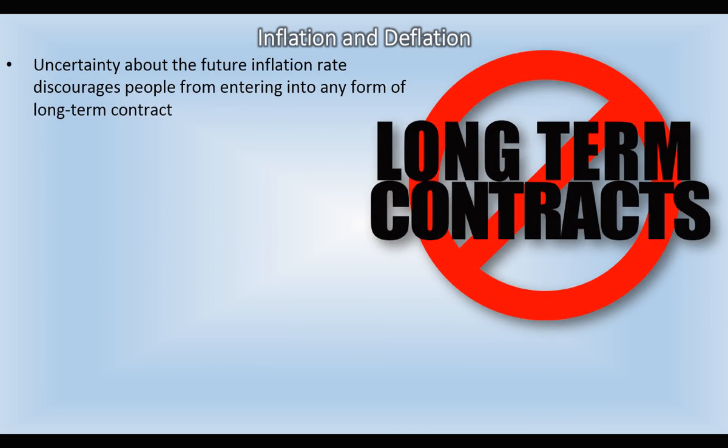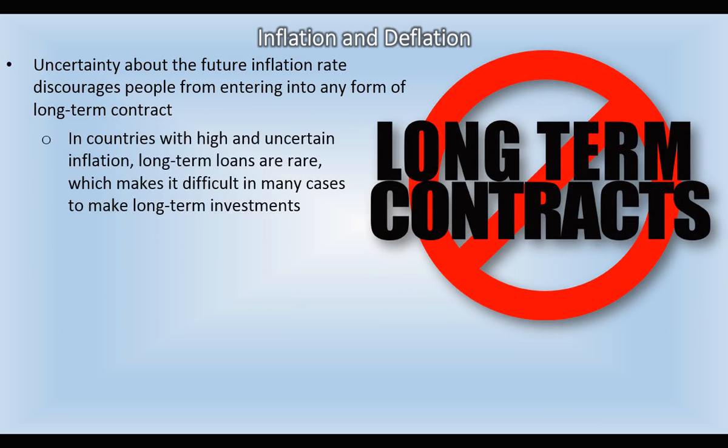Uncertainty about the future inflation rate discourages people from entering into any form of long-term contract. In countries with high and uncertain inflation, long-term loans are rare, which makes it difficult in many cases to make long-term investments. We talked about investment spending, which we'll talk about again in fine detail, as spending by firms on things that will allow them to make future sales.